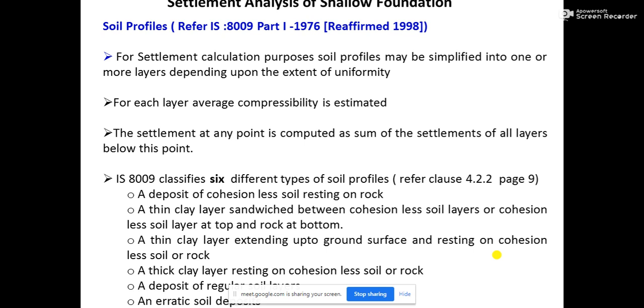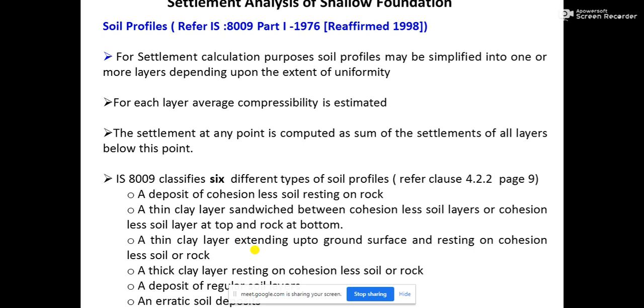See, a thin clay layer and a thick clay layer. So for the third and fourth, this one is the third one: a thin clay layer extending up to the ground surface and resting on cohesionless soil or rock. This is very important. A clay layer is there. In this case it is not sandwiched between two layers, rather it is a clay layer which is thin enough, and it is extending up to the ground surface.